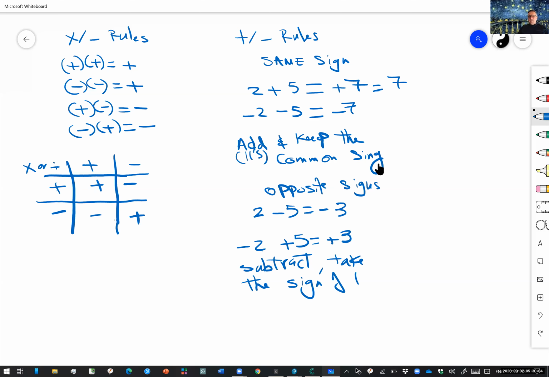The number with the larger absolute value. Make sense? Like that.